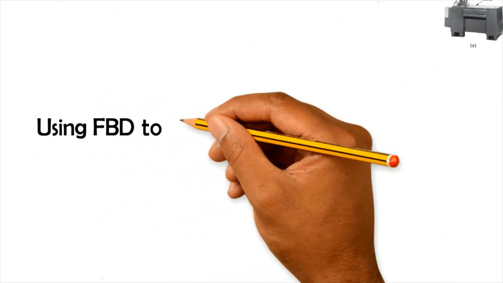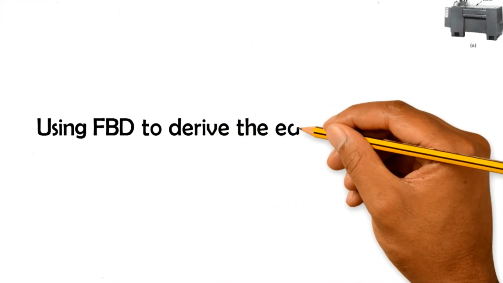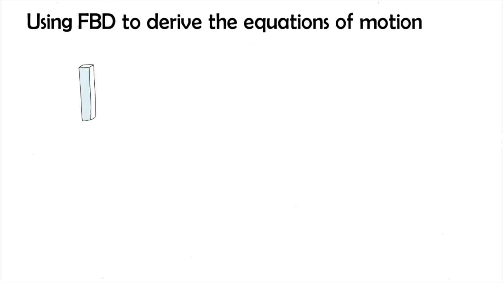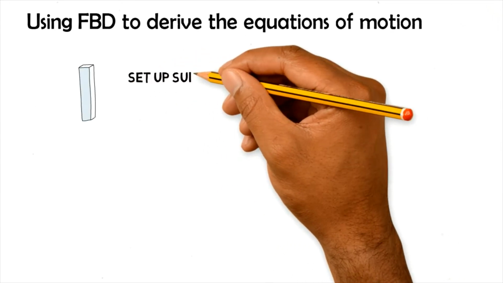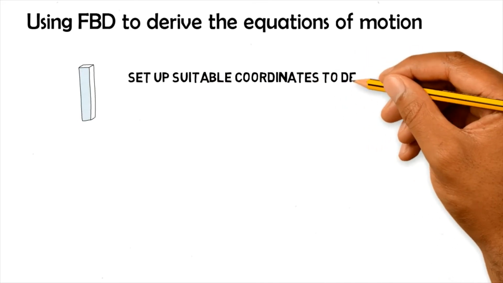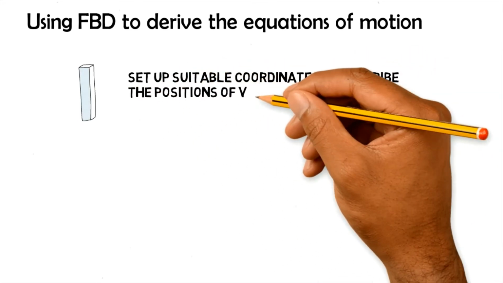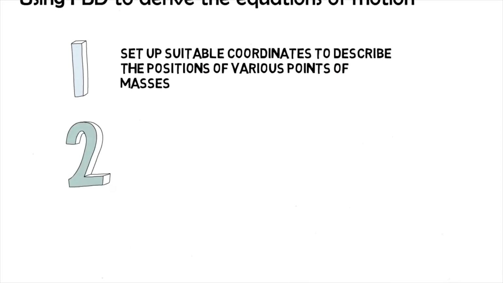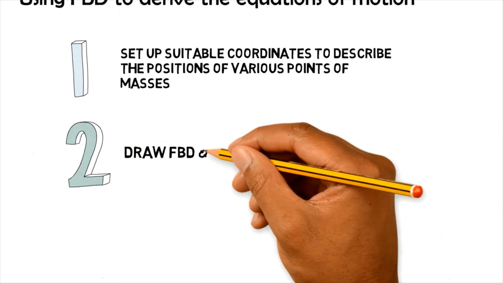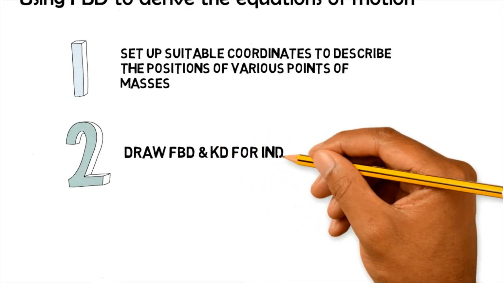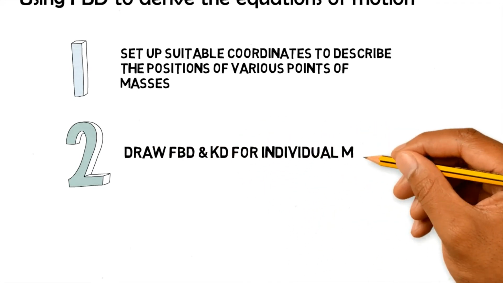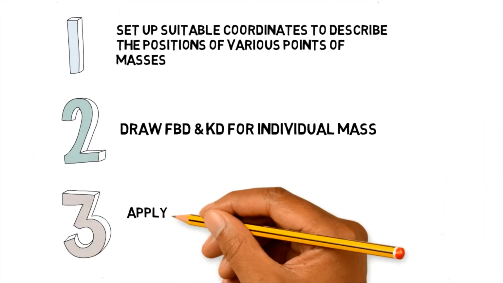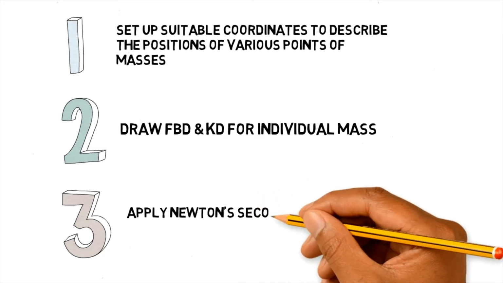The following procedure can be adopted to derive the equation of motion of a multi-degree of freedom system using Newton's second law of motion. First, set up the suitable coordinate. Next, draw the free body diagram. Then, apply Newton's second law of motion.